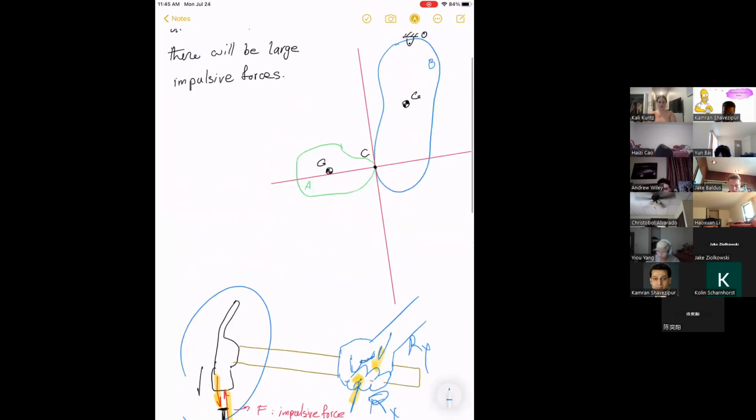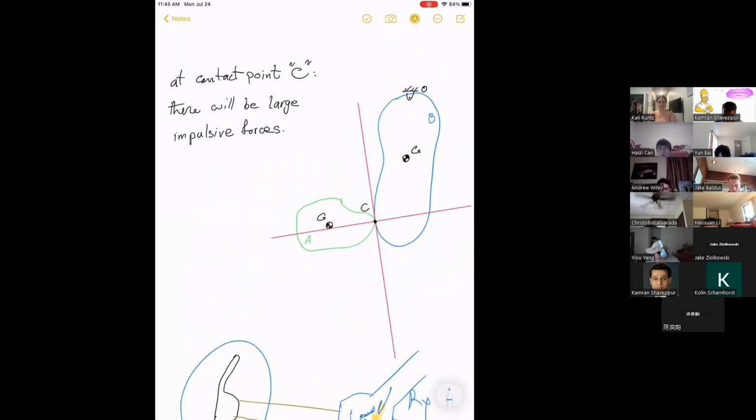Now let's go back here. The forces we get in this impact of two rigid bodies: you're going to have a force F_AB, and then the reaction force F_BA.